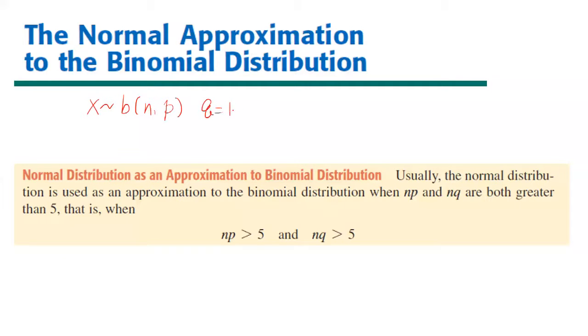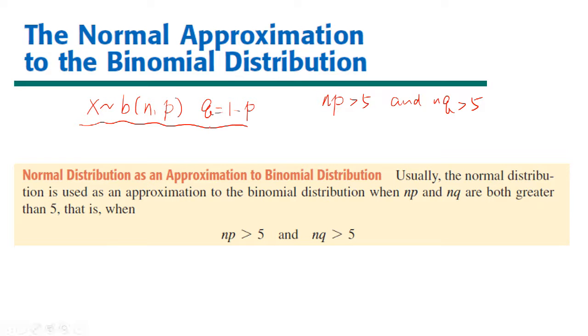And q is actually 1 minus p. When we have a binomial distribution like this, and at the same time np is greater than 5 and nq is also greater than 5, then we can use a normal distribution to approximate this binomial distribution.